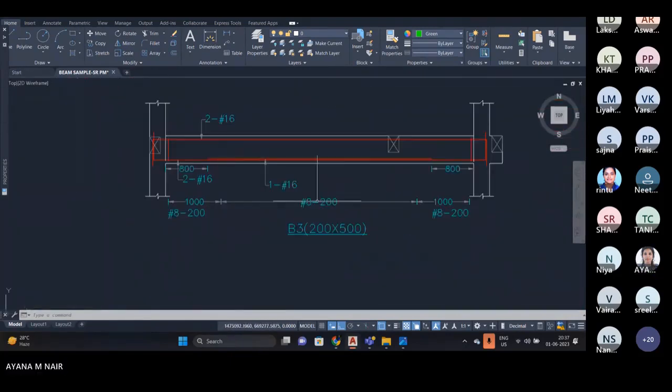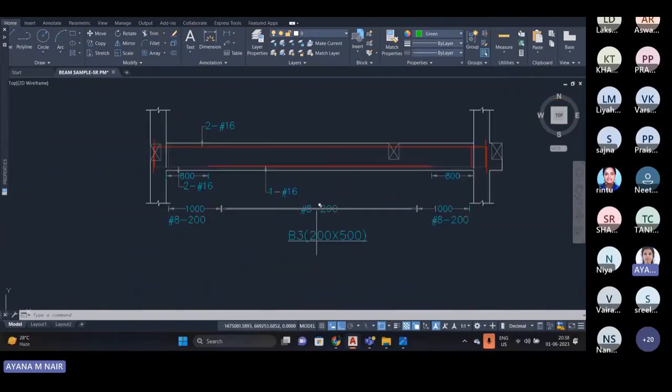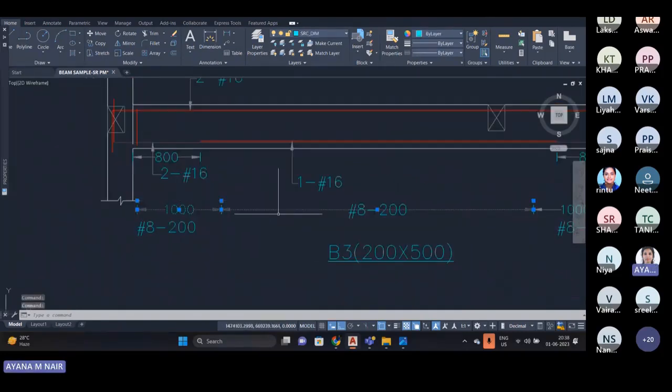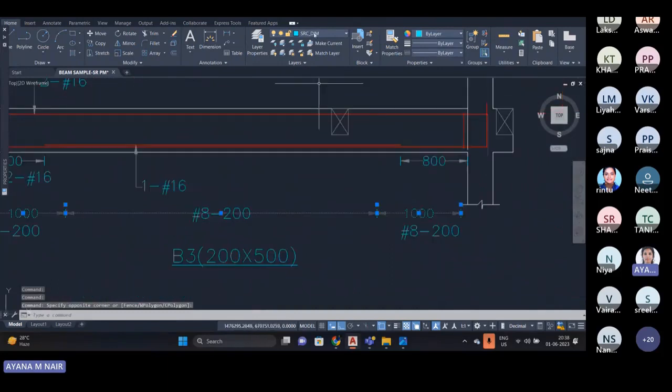So you can see here it is 18 # 200. That means 18 stirrups are provided at a spacing of 200. So this dimension, these all are pointing towards the stirrups, so it should be in SRC dimension.